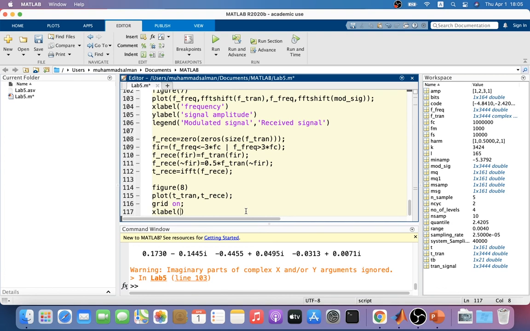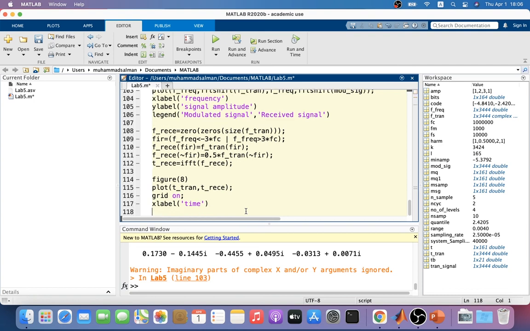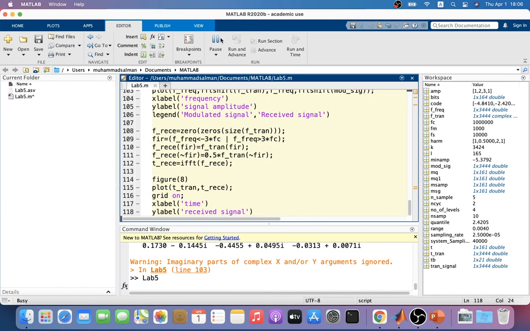And X label is now time. So we converted back from the frequency domain into the time domain after removal of the noise terms. So this is time, and Y label is your received signal. I don't have to write the title, just let's see what's there.